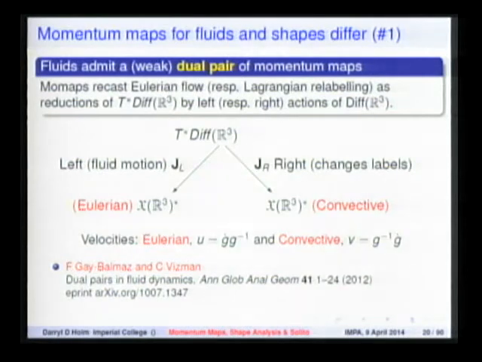The left action moves the fluid around, and it is represented in the Eulerian description as momenta on the dual of the vector fields in R3. The right action changes the labels, believing the fluid's stationary, not moving. So that's what, for example, steady flows do. A steady Eulerian flow is moving the particles around, but the velocity is not changing.